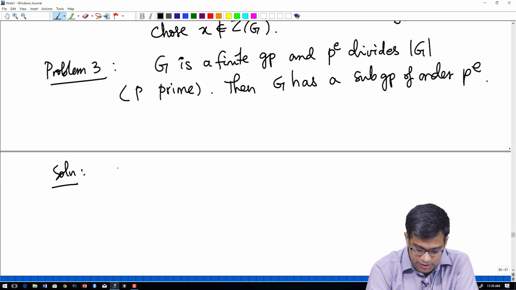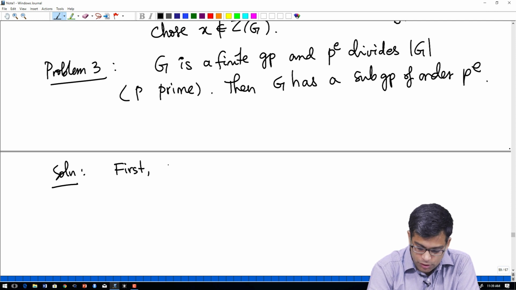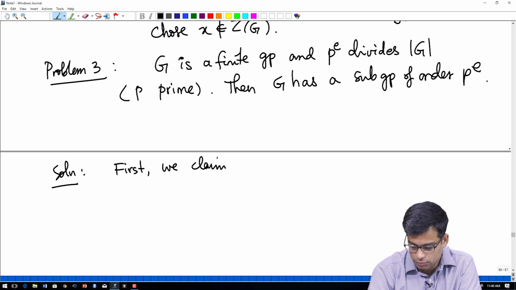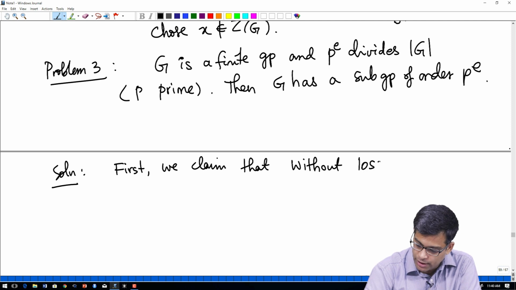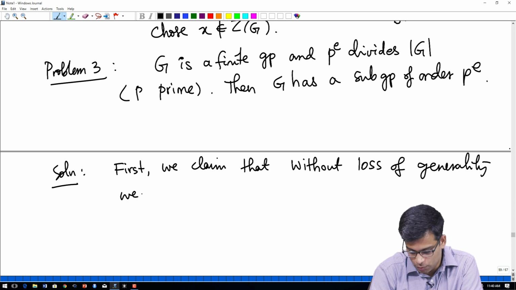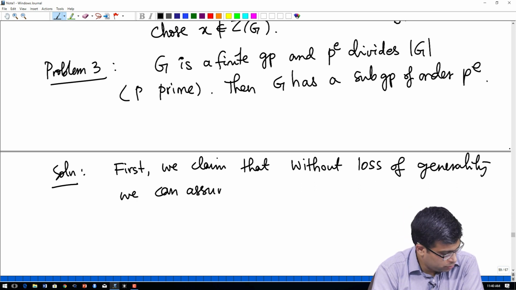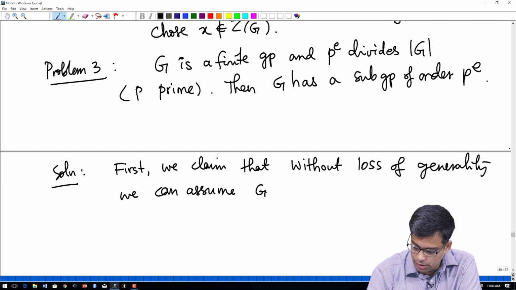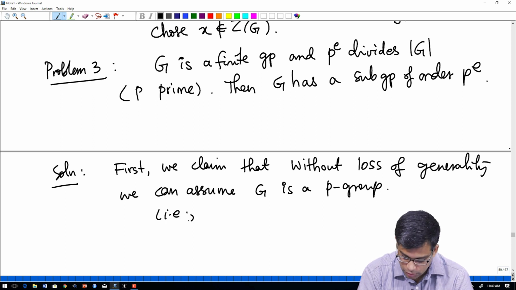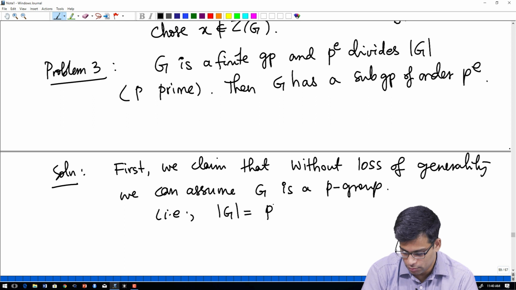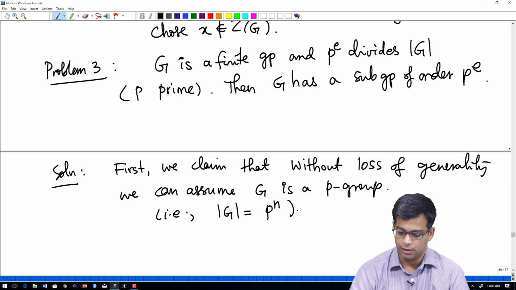So, first, without loss of generality we claim that we can assume G is a p-group, that is, the order of G is a power of p.